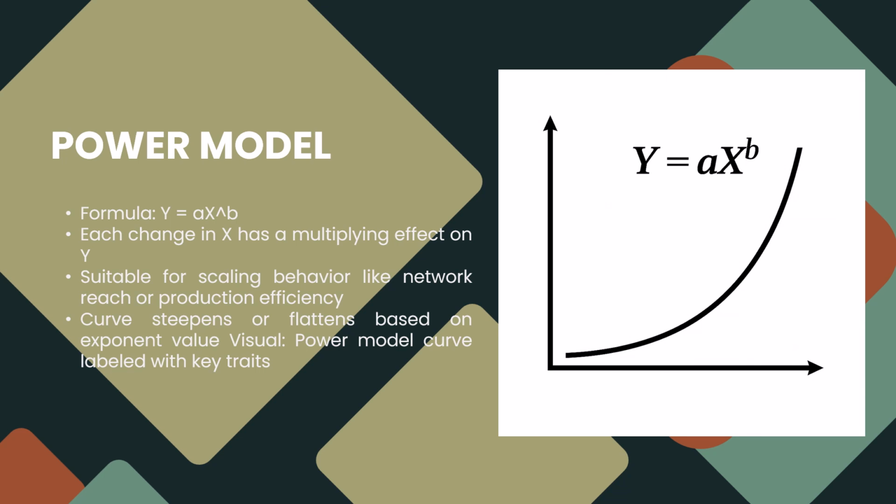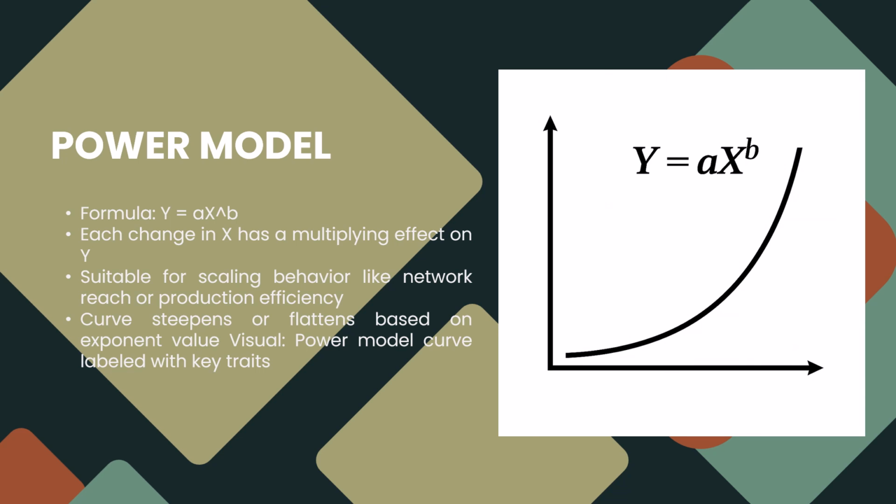This is useful when modeling network effects, like how reach multiplies with followers. So in Excel, to fit a power model, use a scatter plot and you can add a trend line. Then select the power under the trend line option.